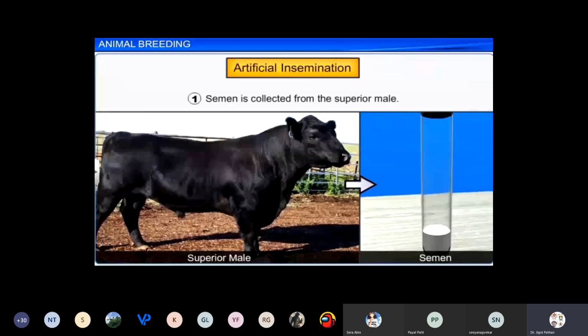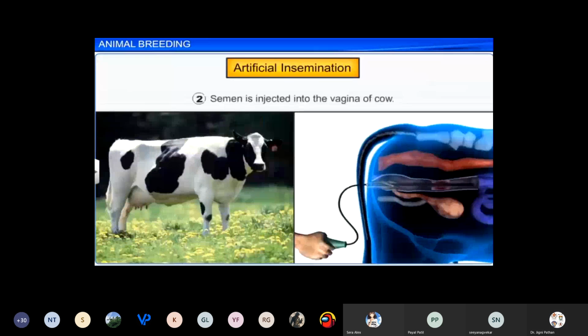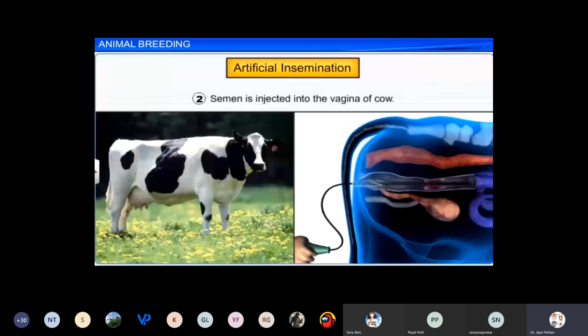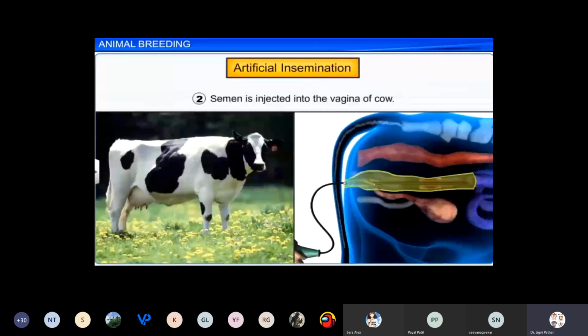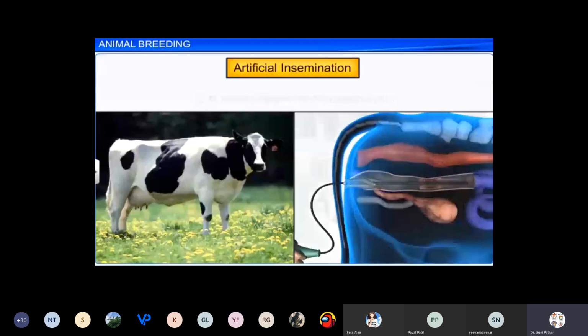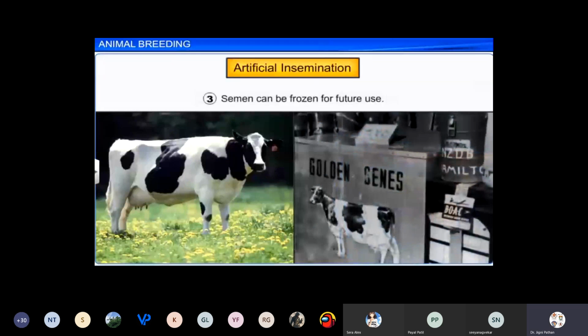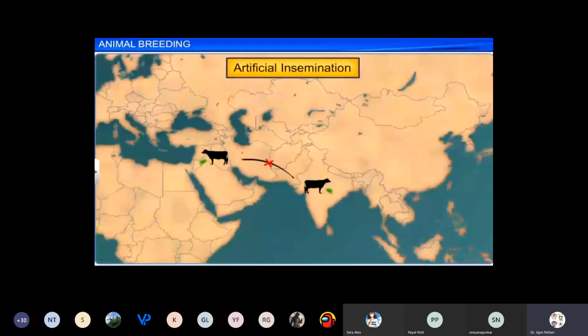The semen is then injected into the reproductive tract or vagina of the female animal, or can be frozen for future use. Thus, artificial insemination is carried out to achieve natural mating and also to carry out mating between animals that are geographically separated.